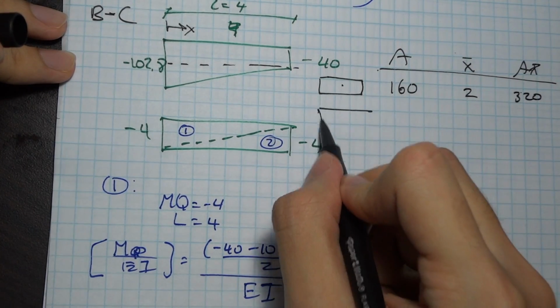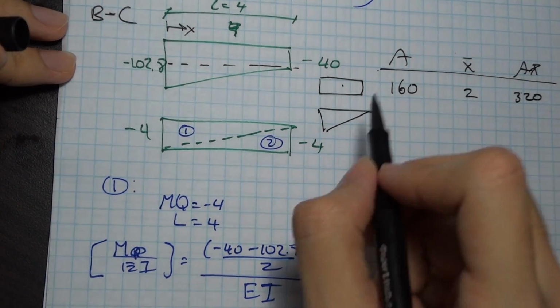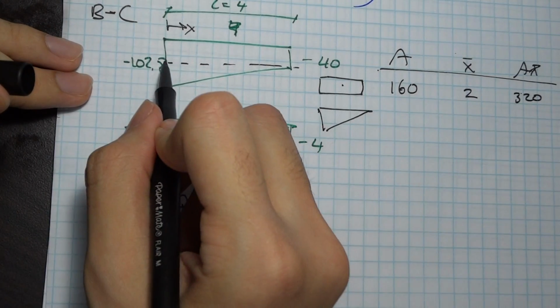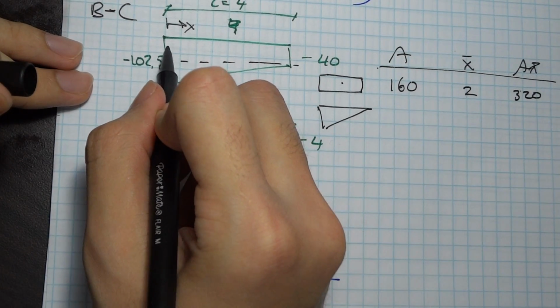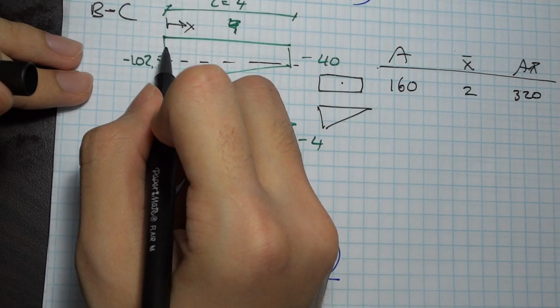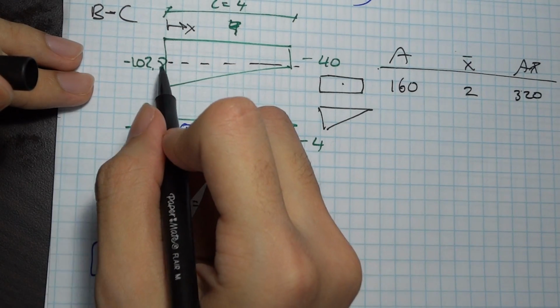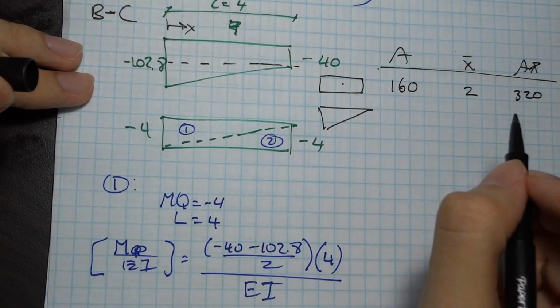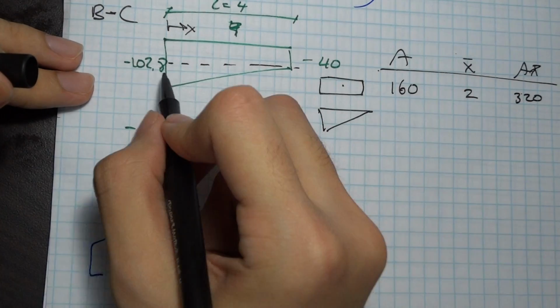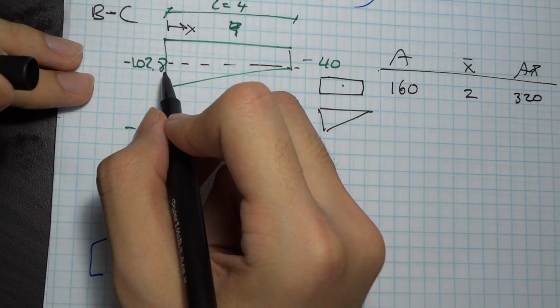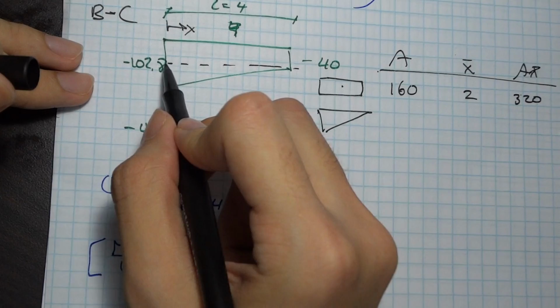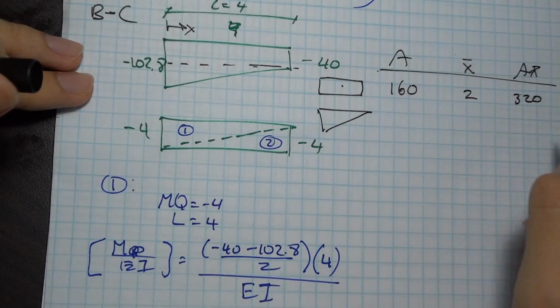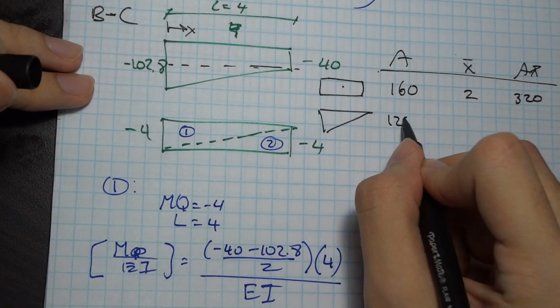Now my triangle, the area of my triangle: this is 102.8 minus 40, so this is 62.8 times 4 divided by 2. So the area of my triangle ends up becoming 125.6.